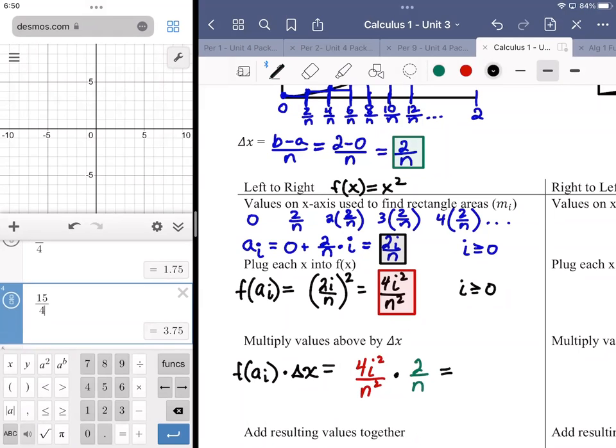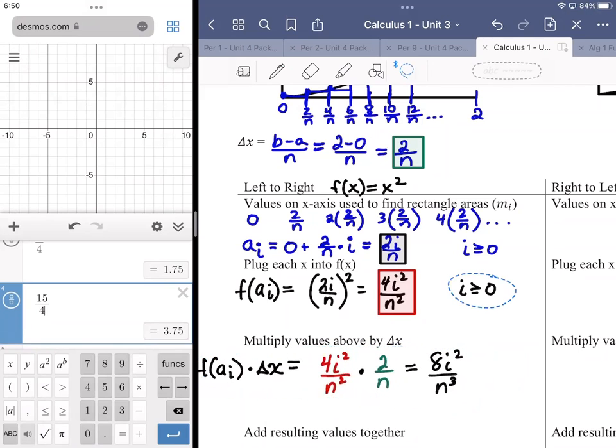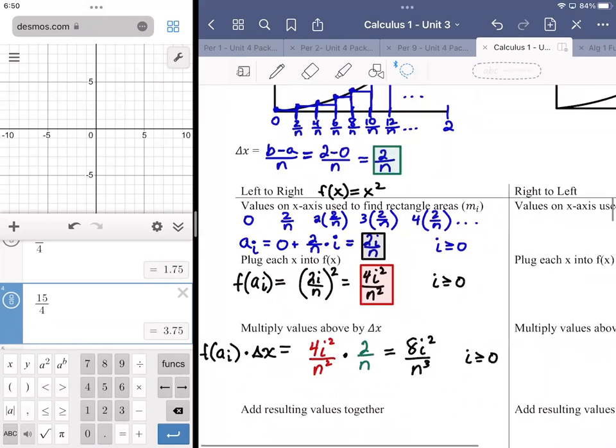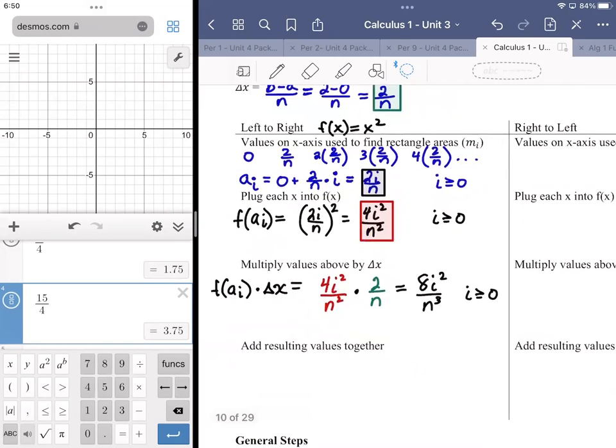And so that's going to give me a result of 8i squared over n to the third power. All right, still for i greater than or equal to 0. So then next up would be to add all this stuff together. All right, so it says add the resulting values together, and we'll get something. All right, so to add values together, we use a summation.